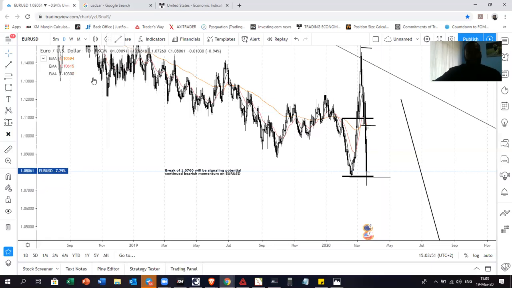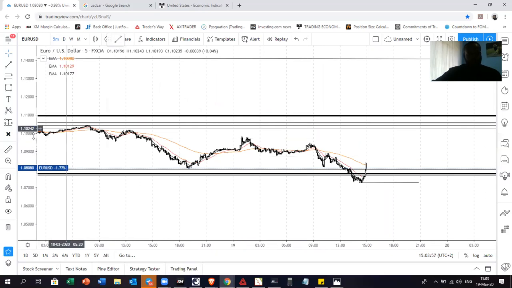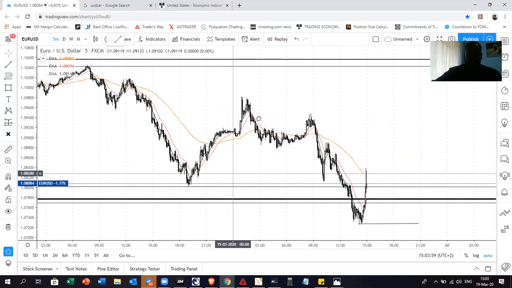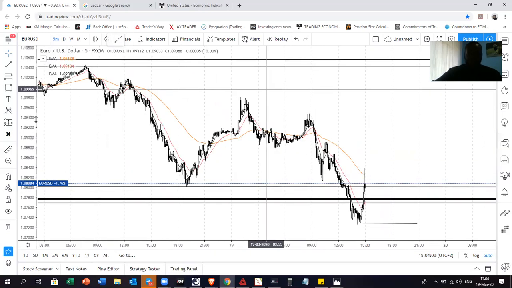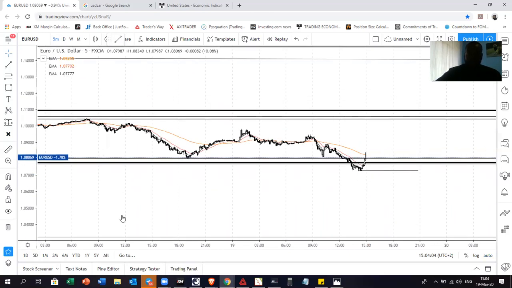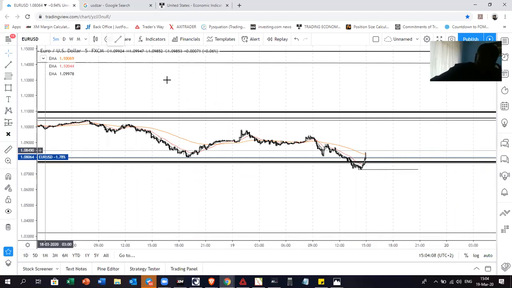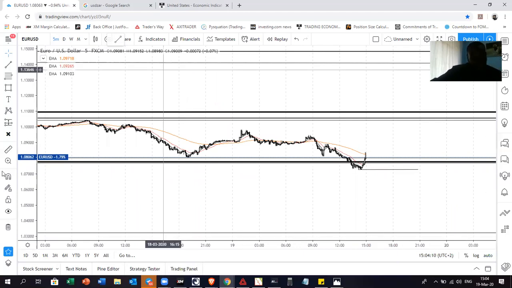So we got the theory out the way. Now this is how you play this. I mentioned that the profit is about 350 pips, and this allows us to enter or time our entries, if I can call it that.